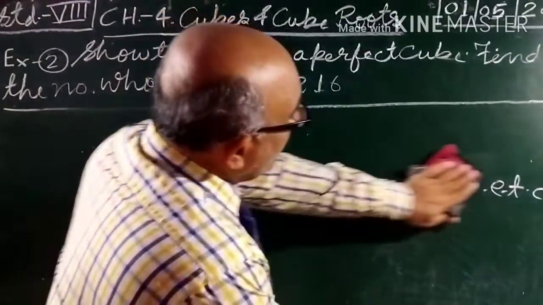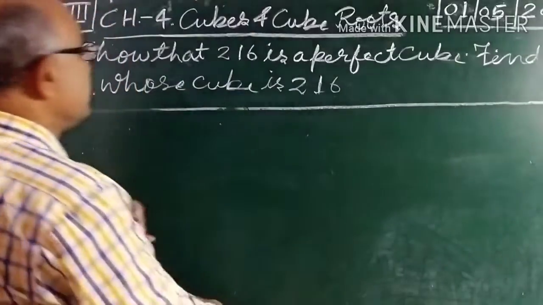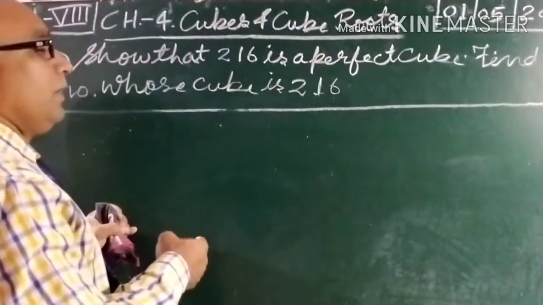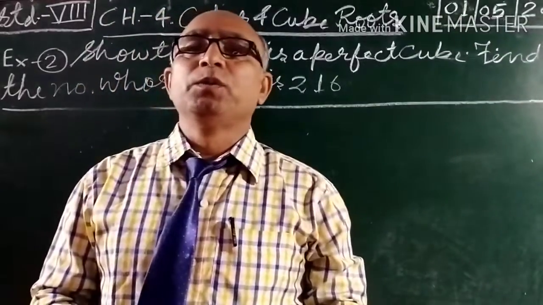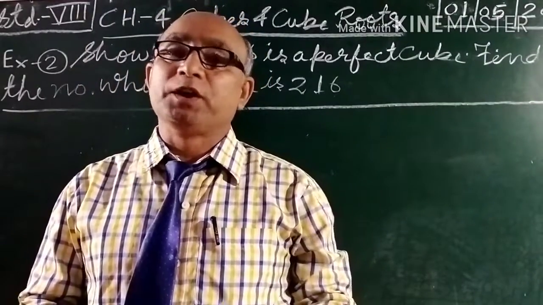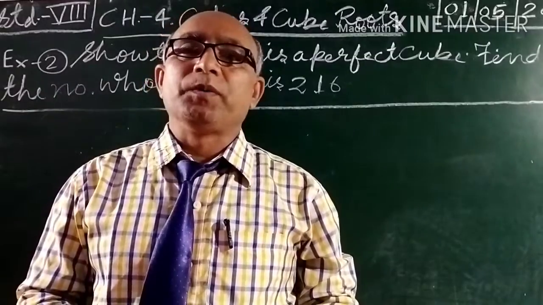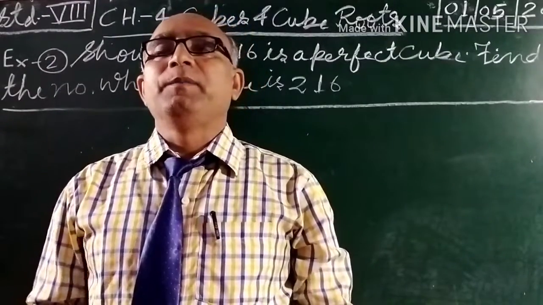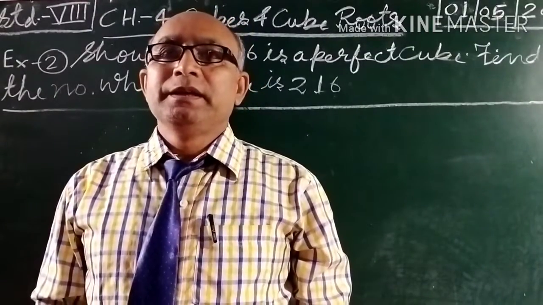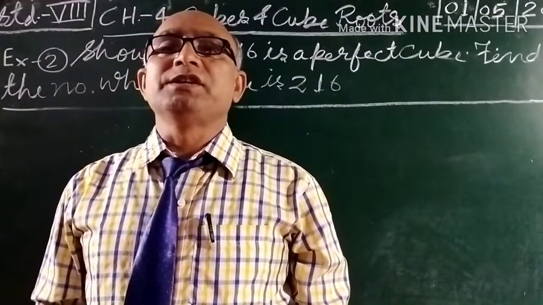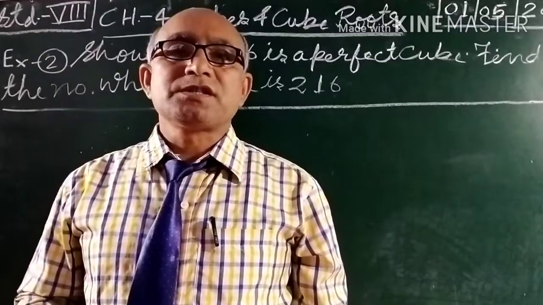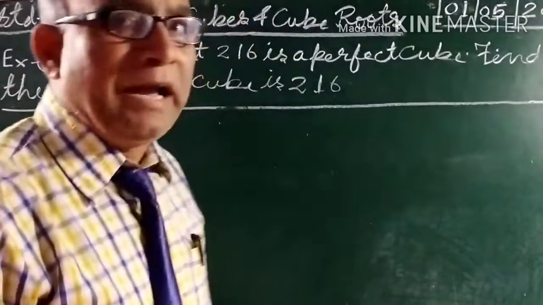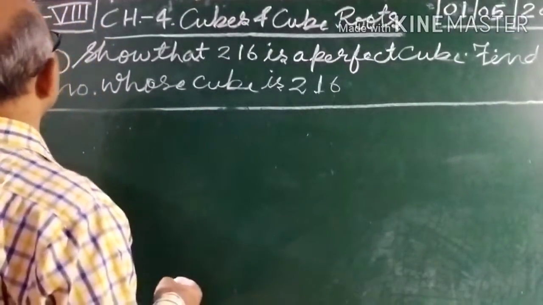Dear students, there is a test for a perfect cube, as for a perfect square. Test of perfect cube number: a perfect cube number can be expressed in the form of triplets of the same prime number factors.